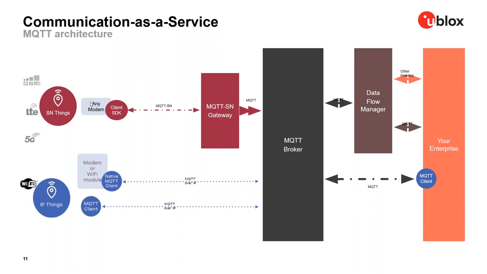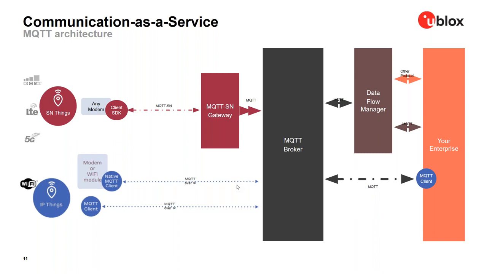But for every other module, we have a client SDK, a very small footprint SDK, which runs alongside your application firmware. This SDK deals with the SN protocol, communication into the gateway and onwards to the broker. In the case of MQTT Now, there are often native MQTT clients on many modems and Wi-Fi modules, and there are a whole load of third-party MQTT clients that you can use to do that communication over TCP/IP.